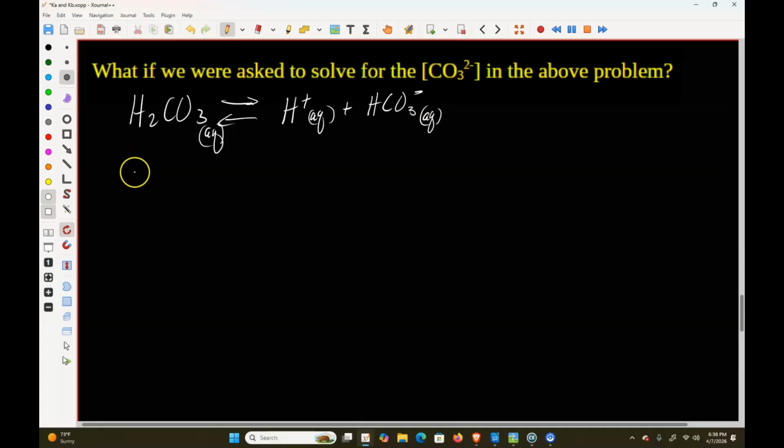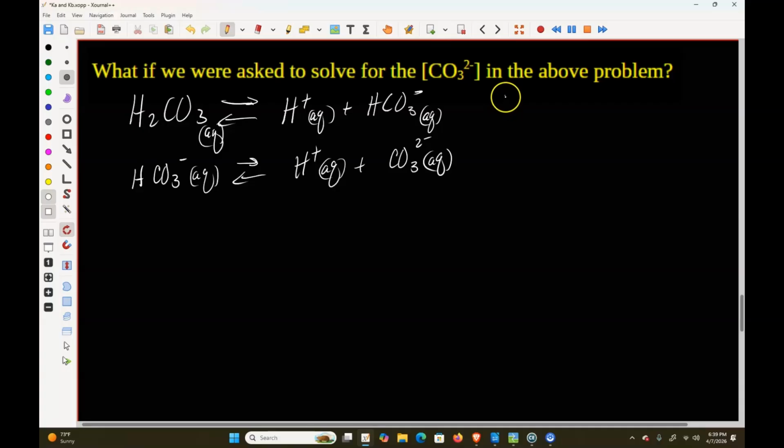Then my second one will be this equation. So I need to use Ka2 here. So in the previous problem, Ka2 was equal to 5.6 times 10 to the negative 11th power.